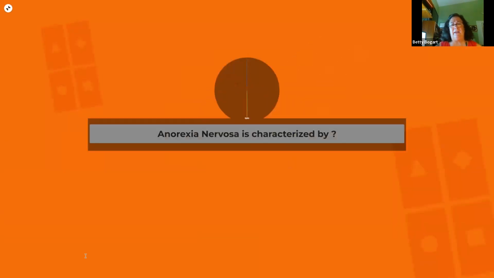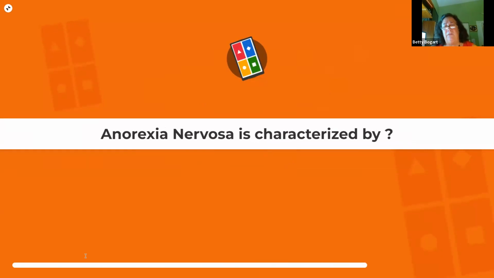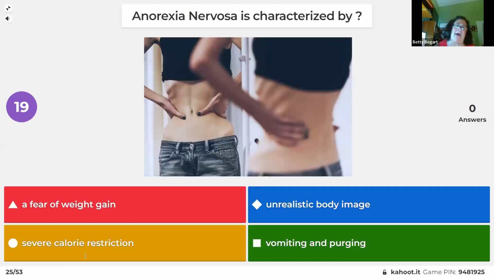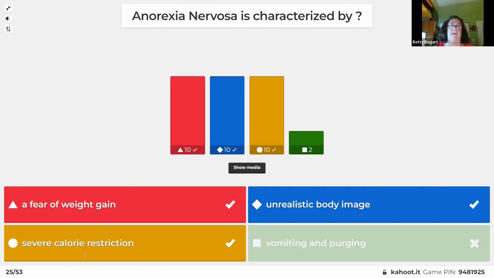A multi-select. Anorexia nervosa is caused by... So there's two different diagnoses on eating disorders that I basically cover in cahoots.